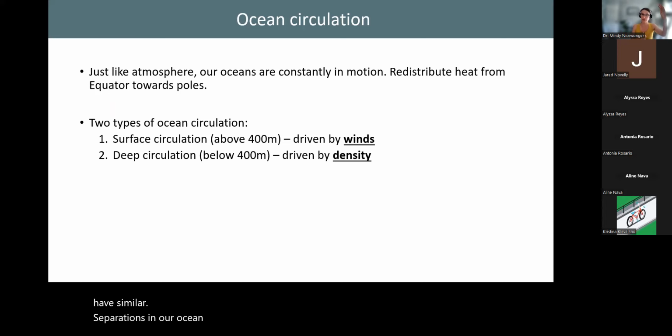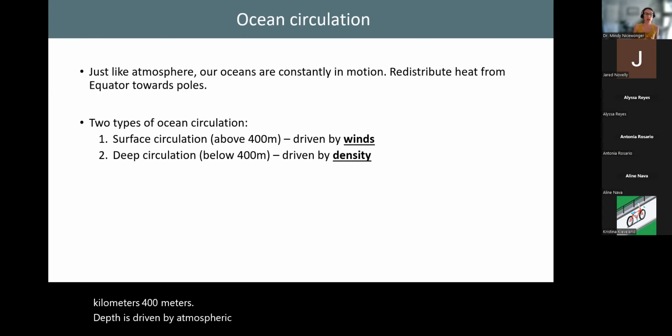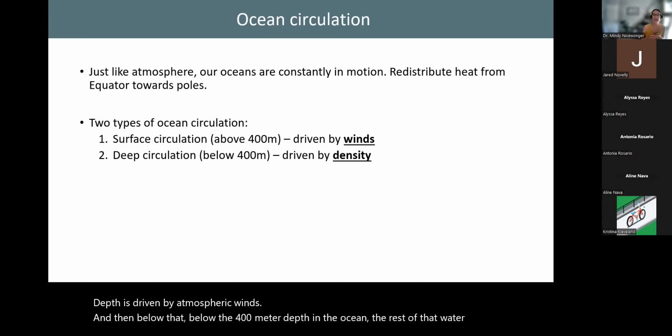Surface circulation is how the surface ocean moves above about 400 meters depth, and that 0 to 400 meters is driven by atmospheric winds. Below the 400-meter depth, the rest of that water is driven by density.